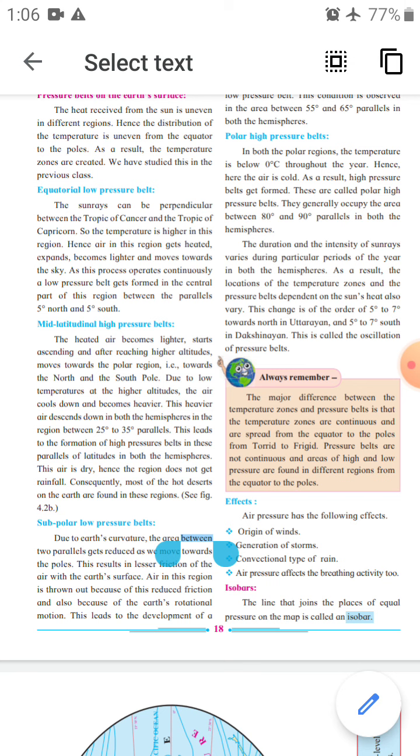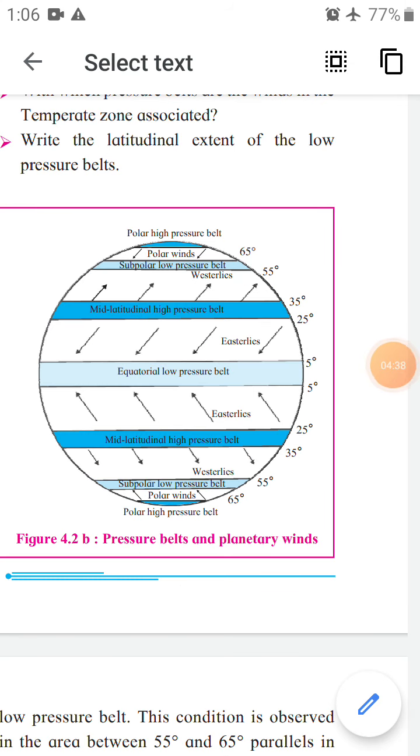See figure 4.2, and from this we realize that, see here, polar high pressure belt on both sides. Okay, and subpolar low pressure belt is at greater than 55 degree, and there are polar winds, and here 25 to 35 degrees, same on both the sides.